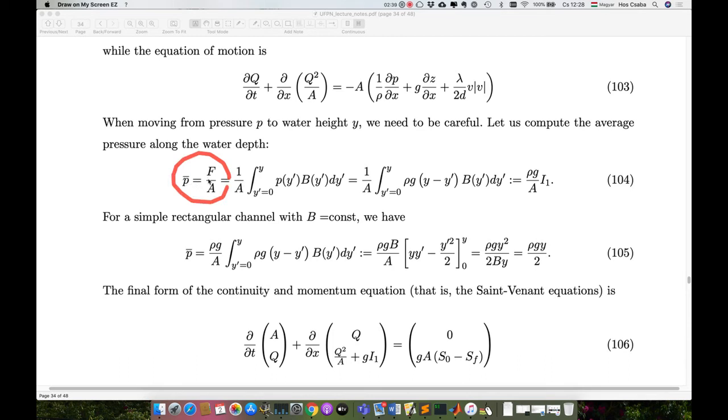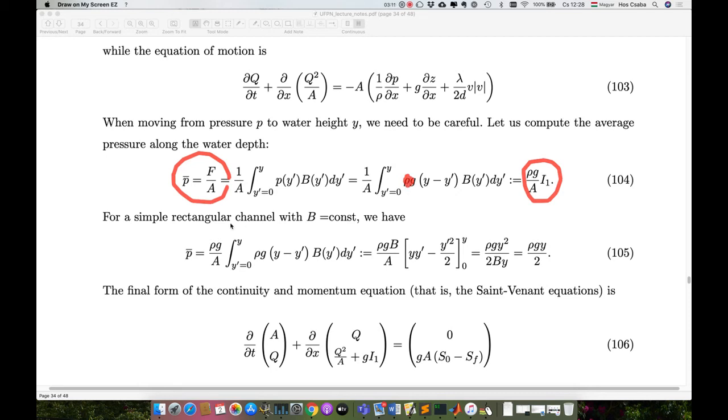And the average pressure is simply the overall pressure force divided by the cross-section wetted area. And this can be computed by integrating the pressure distribution along the channel width, which will give you this quantity, where this I1 is the result of this integral minus these terms, because these are factored out.